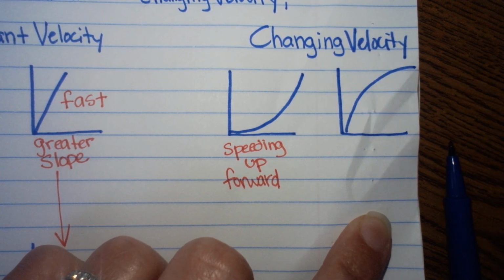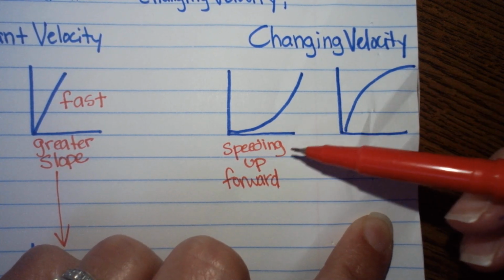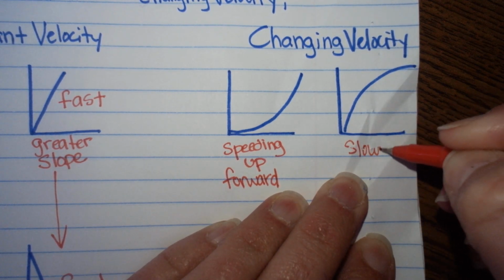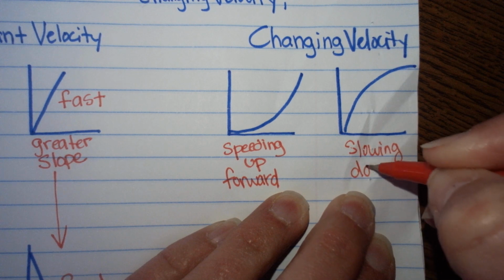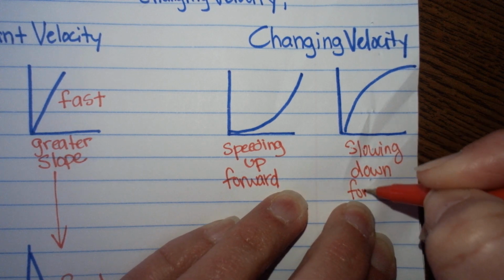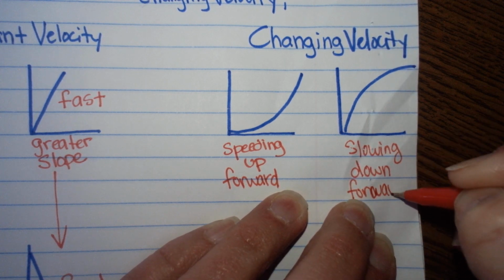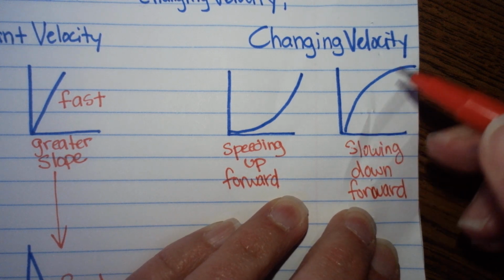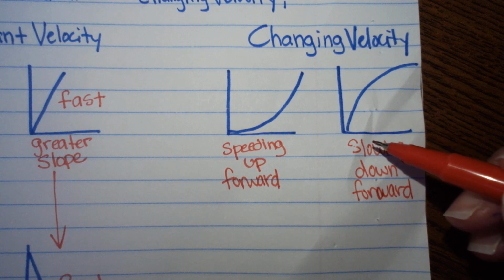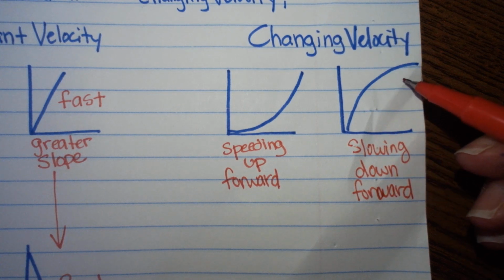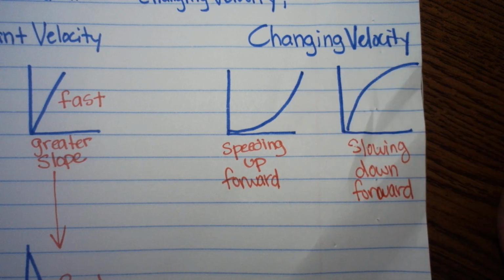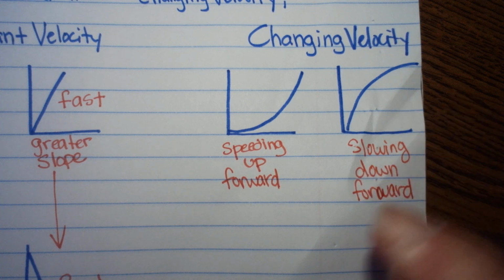What do you think this graph shows? This is speeding up, so this one would be slowing down, right? So in this graph, we are coming to a stop, okay? In this one, we're leaving a stop sign.